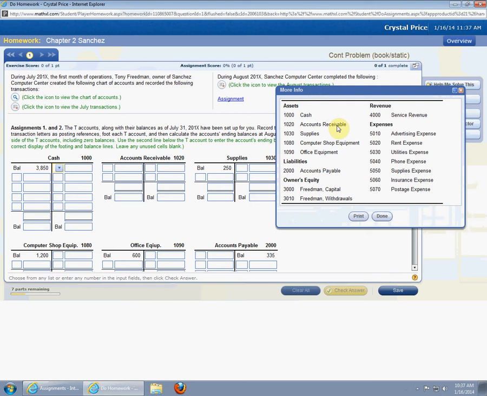Now, let's talk about how do we know what to debit and what to credit. We have some rules, and I've got something that will help you remember these.